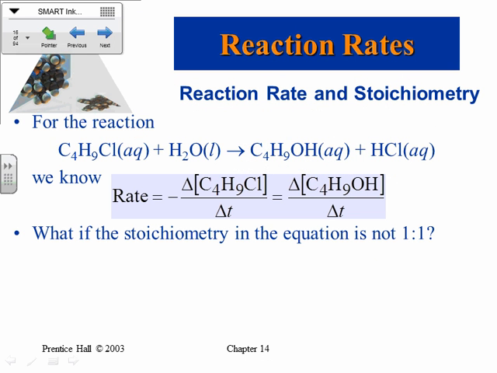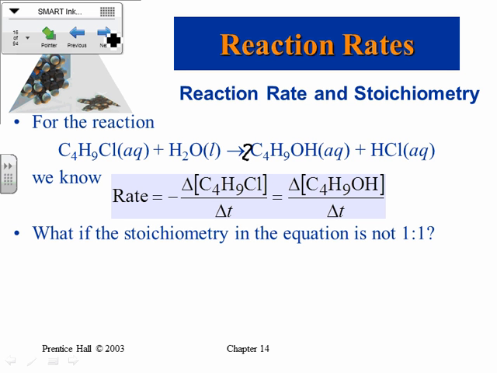Here we go. So for the reaction, this is nice because the stoichiometry here is all 1-to-1, right? So they're saying the rate of disappearance of the C4H9Cl is essentially equal to the rate of the appearance of the C4H9OH. Now that wouldn't necessarily be the case if this is not 1-to-1 stoichiometry, right? Which, I mean, that should make sense. If this was, say, a 2 here, okay, now it's unbalanced.